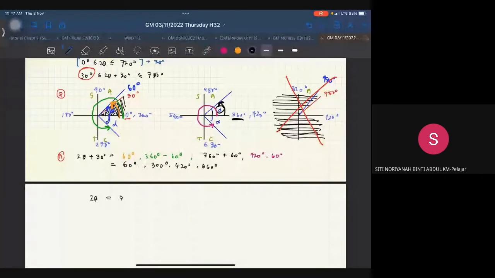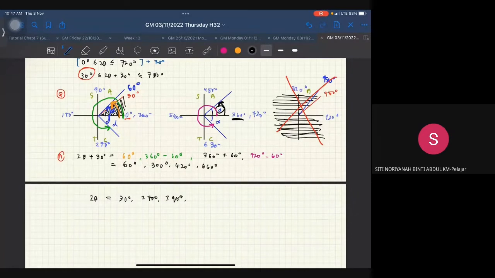Okay, and then 300 minus 30, you get 270. Okay, and then 420 minus 30 is 390. And then lastly, 660 minus 30 is 630.